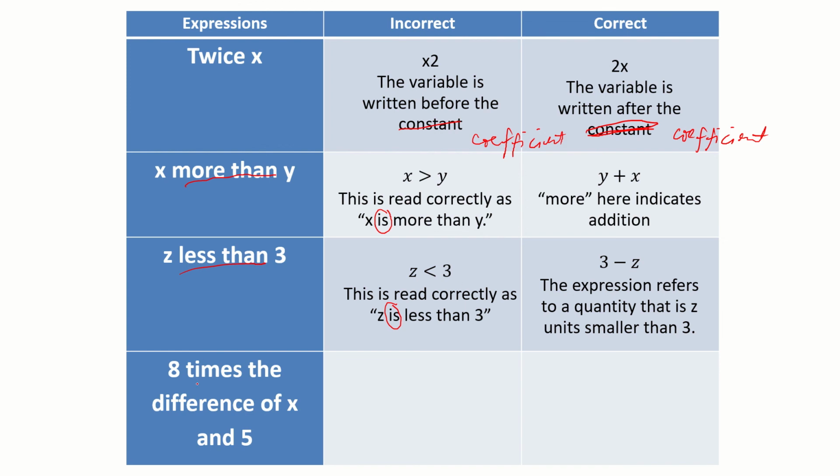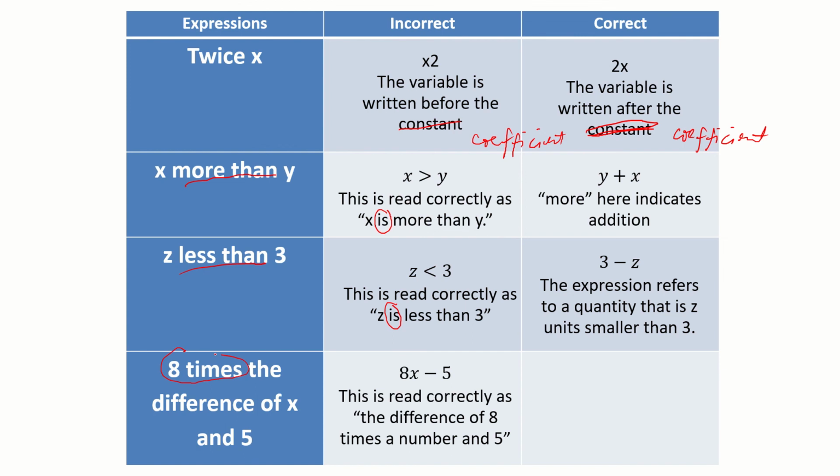Okay, now, how about the phrase 8 times the difference of x and 5? So it's incorrect to say that it's 8x minus 5 just because you encounter the word 8 times here. So take note, it's 8 times the difference.